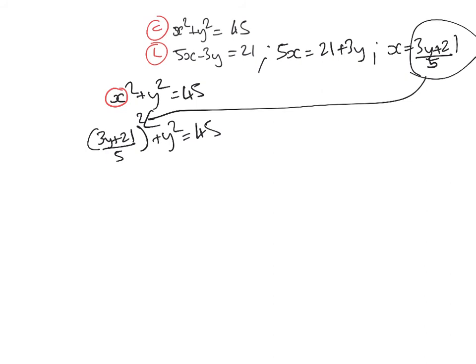Now there are lots of ways you can make this easy on yourself, and if you're lucky, you'll probably have a calculator to do this. But let's try and do the whole thing.